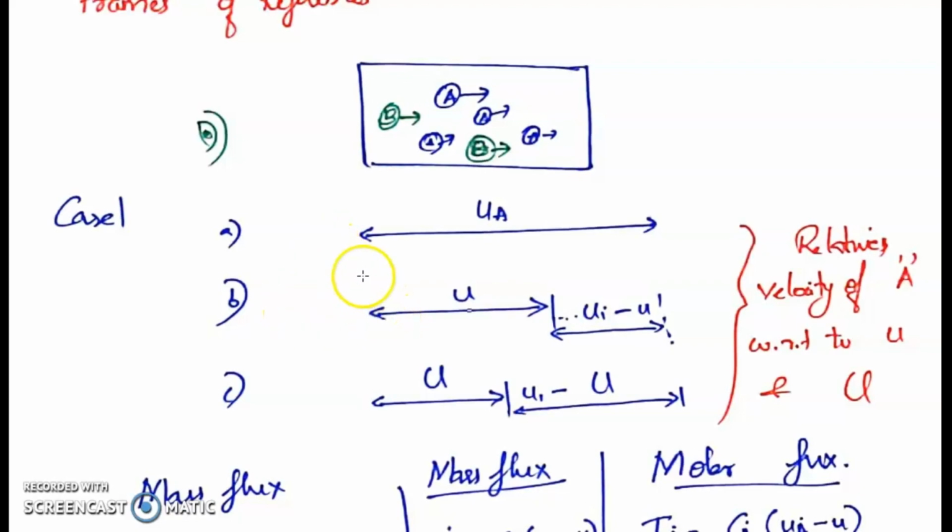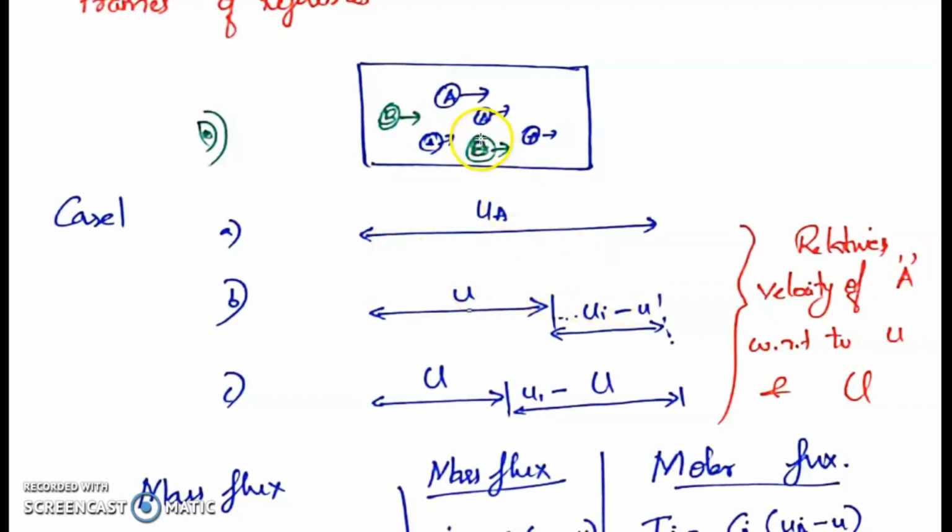Now I'm going to assume that I have somehow managed to get inside this tube, and I am moving with the velocity equivalent to the mass average velocity of the molecules present here. That means the mass average velocity of the system. Then what will be the speed of A relative to the mass average velocity?